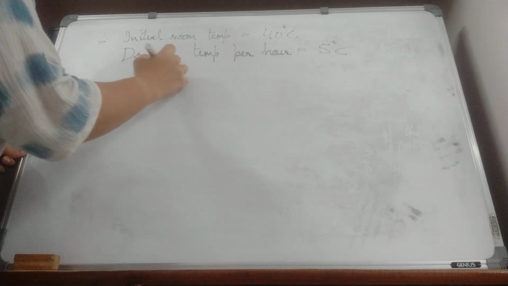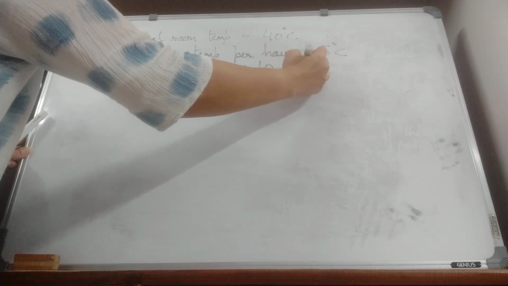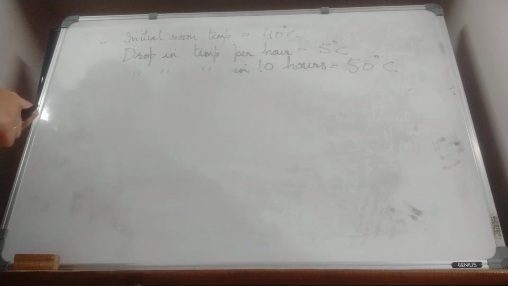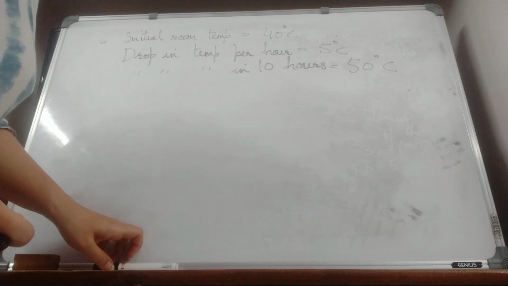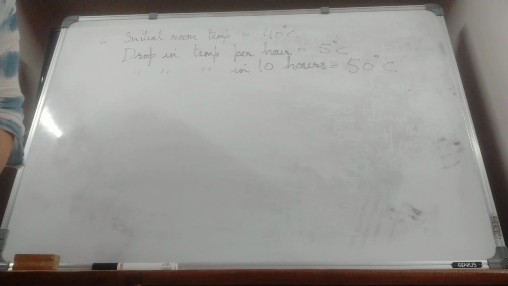So drop in temperature in 10 hours will be 50 degrees Celsius. There will be a drop of 50 degrees Celsius in 10 hours. Now they want you to tell what will be the room temperature 10 hours after the process begins.